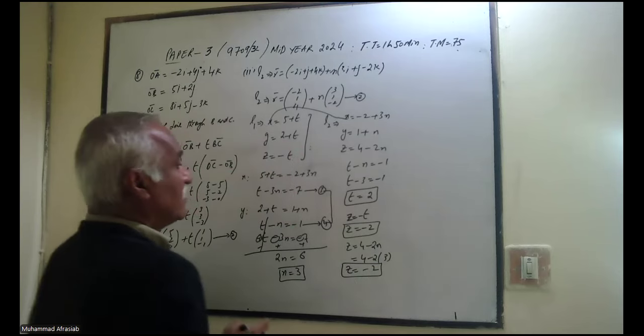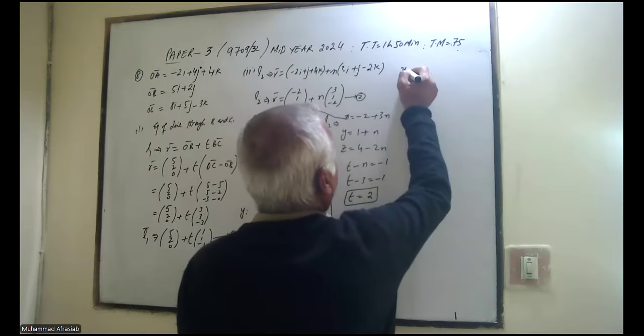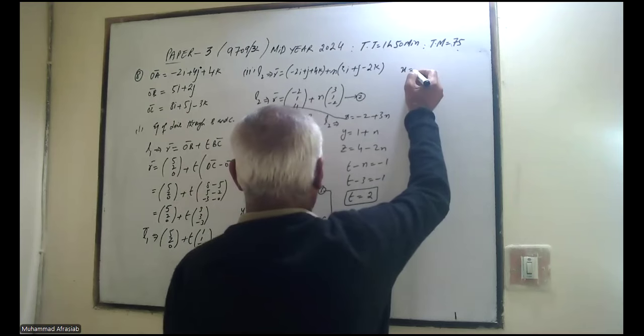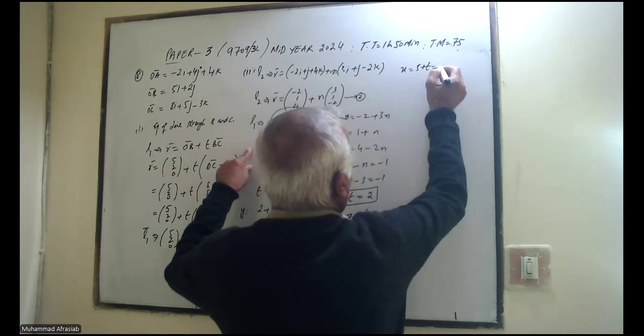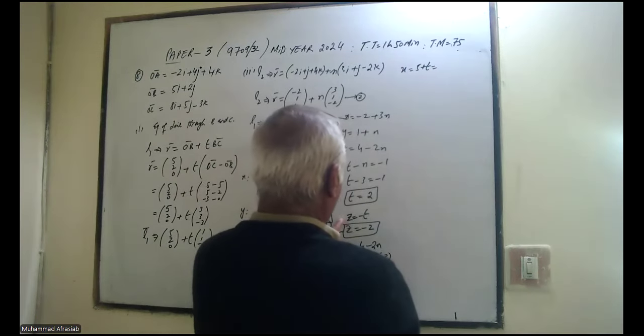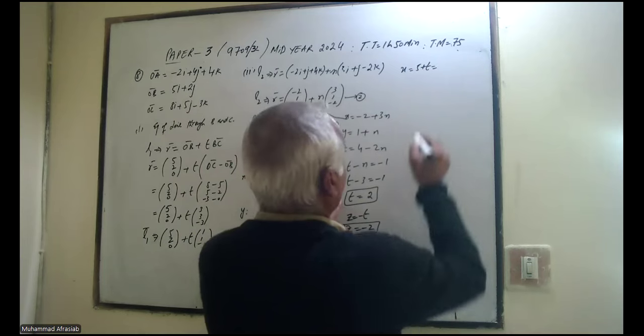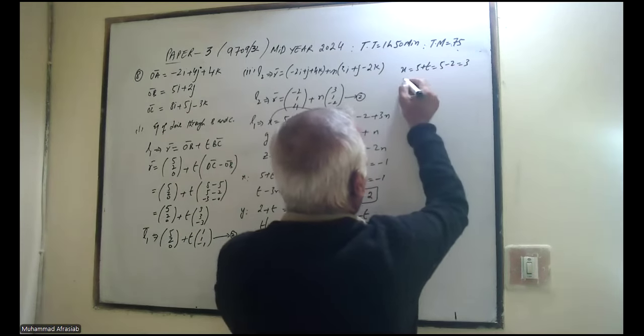So the point of intersection is x is equal to 5 plus t, but the t value is equal to 2. So 5 plus 2, that is equal to 7.